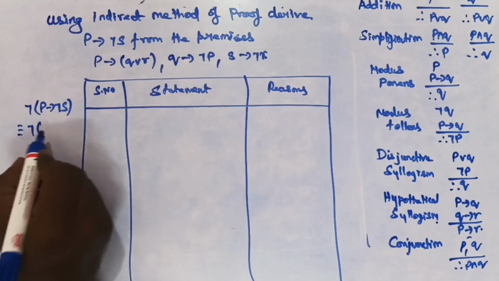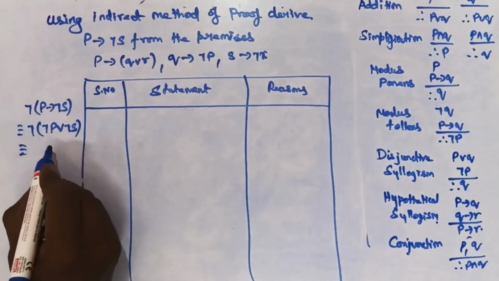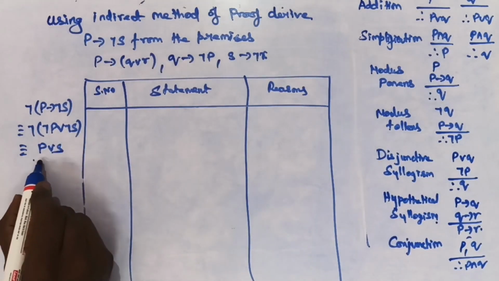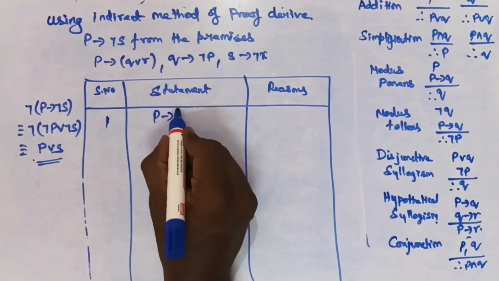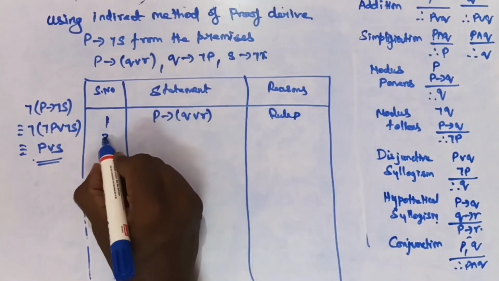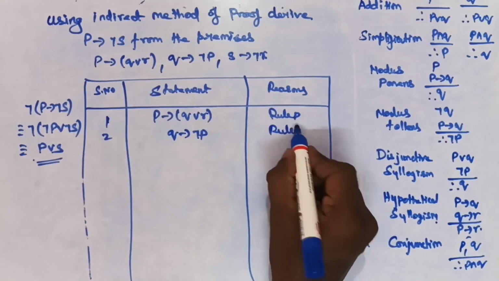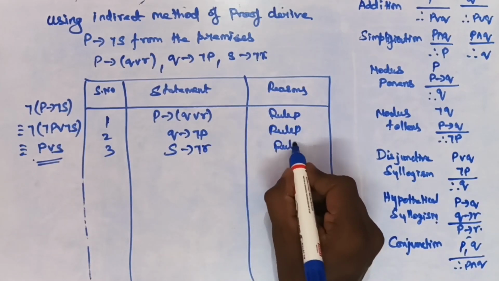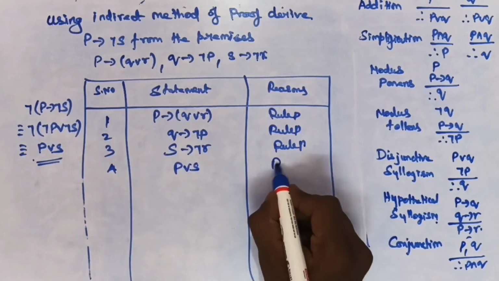Not of this is equivalent to P and S. First one, P condition Q or R, rule P. Second one, Q condition not P, rule P. Third one, S condition not R, rule P. This also you have to use, P and S, rule P.